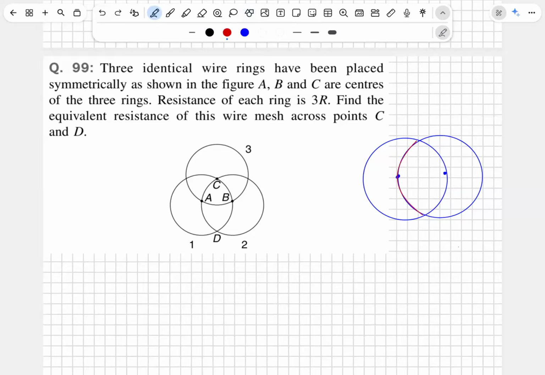That arc part. Total ring resistance, ring total resistance, 3R. And this part is that a symmetric. First stage, any doubt on this?